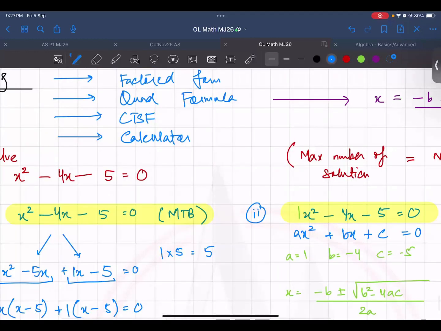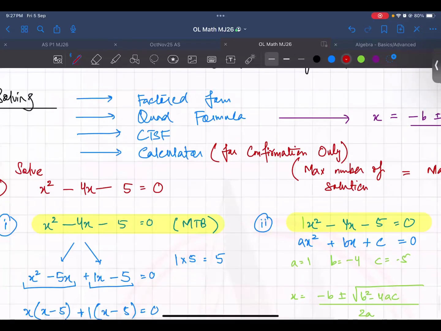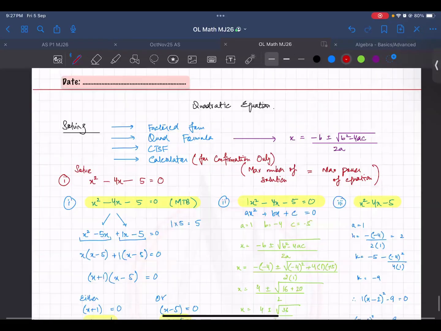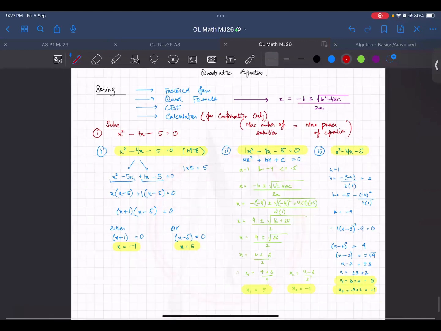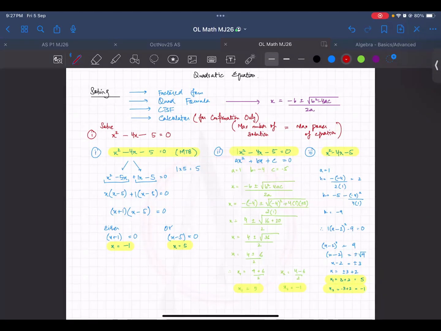You would do it on your own, working completely for confirmation only, not for finding the answers and writing it down as it is. You solve it properly on your own, you do the complete working, and then use your calculator to confirm your answers. That's it.